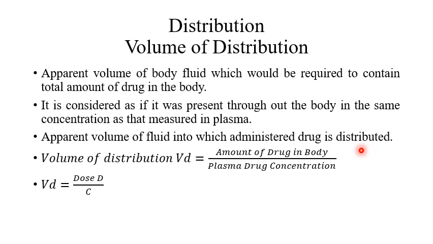So talking about the equation, the volume of distribution, usually denoted as Vd, is equal to the amount of drug present in the body divided by the plasma drug concentration inside the body. So, apparent volume of distribution for a drug may be determined by a number of methods. The dose D is here the amount of drug in the body, and C here means the plasma drug concentration.